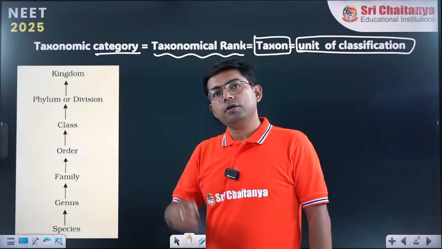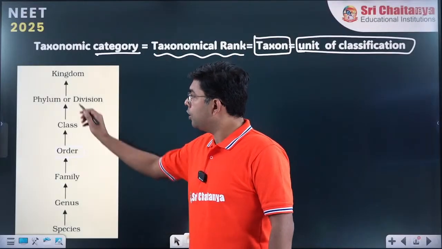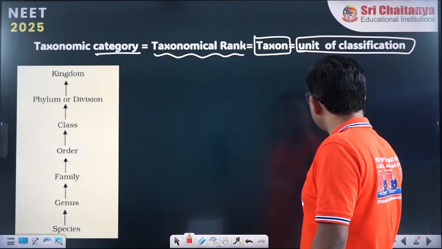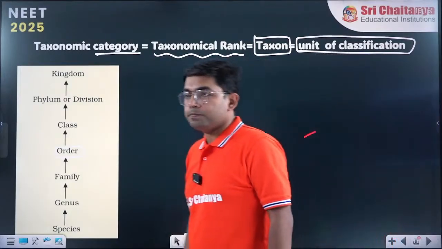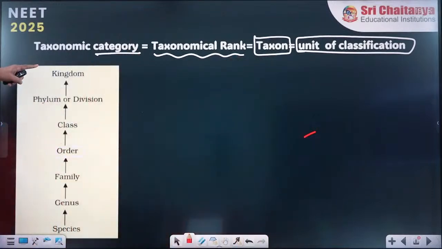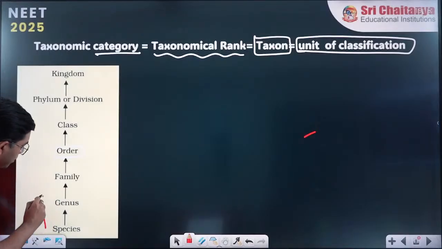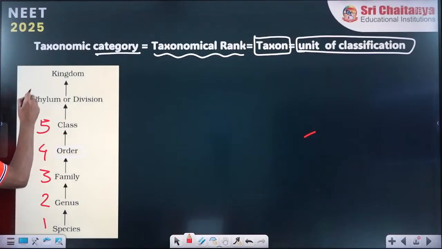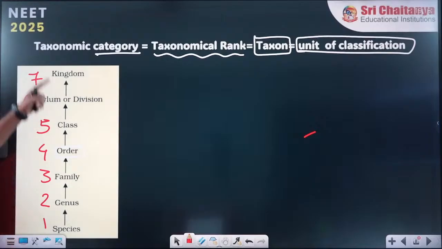Class is a taxon. Phylum is a taxon. All of them are taxa. Now, each of these taxa also has a respective rank: 1, 2, 3, 4, 5, 6, 7. All of them have a specific rank.